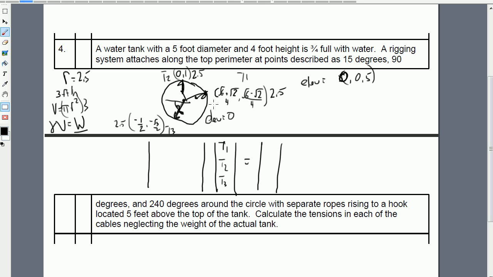We will have this direction, right, which is essentially going to be some multiplication, etc. This is going to be the direction. So the direction of T1 down there, the direction of T2 down there, and the direction of T3 down there. In other words, the x, the y, and the z component as it goes down this way.